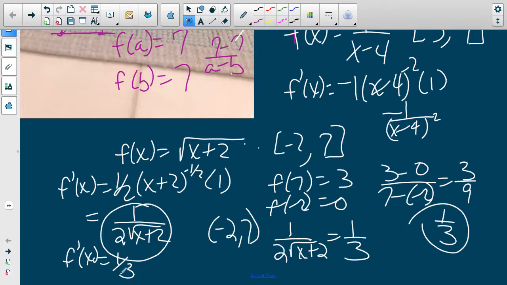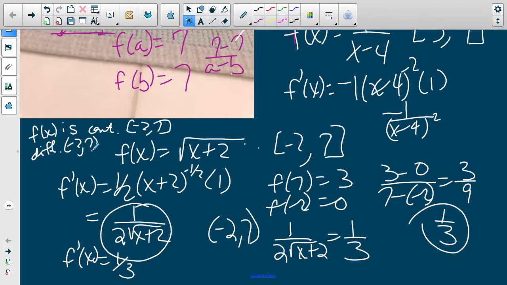But quite honestly, on a free response, you want to make a statement that f of x is continuous on -2 to 7 and differentiable on the open interval. You want to let us know that you're smart enough to check that before you work the problem.